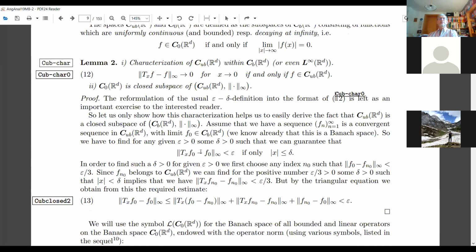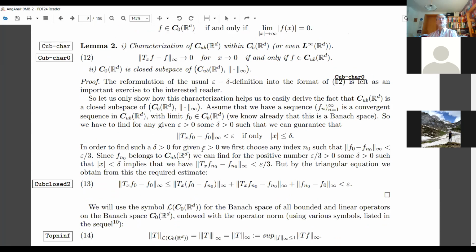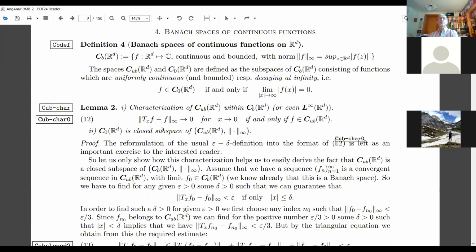You see here, I mean, just point out this game with the logic that you're saying for any given epsilon, there is some delta, and so on, has to be used and it will be combined. I think it's not important at the moment to go through the details.